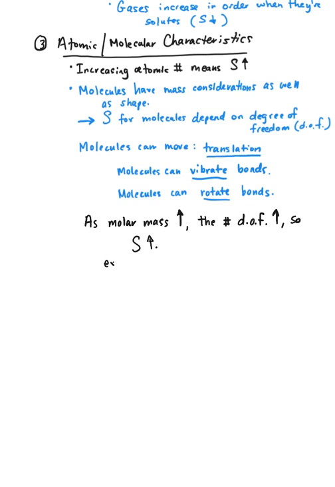For example, nitrogen dioxide has a higher entropy, a greater standard molar entropy than nitrogen monoxide, NO. The number of degrees of freedom is increased when restrictions are removed. So when crystallinity or order decreases, the number of degrees of freedom increases.